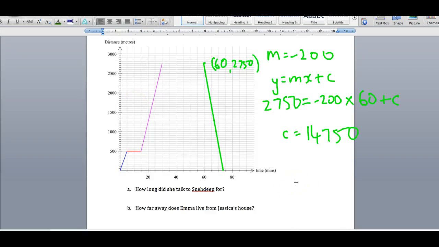So my final equation is y equals, the gradient is negative 200x plus 14750. I'm sorry, it's a bit hard to see that green against the grey. Technically, we should restrict what we call the domain. So it goes from 60 to 73.75.